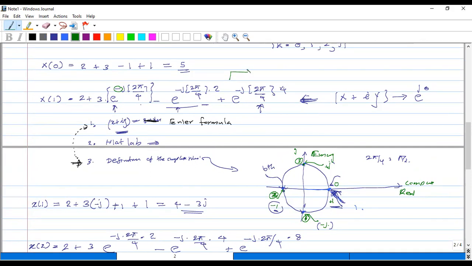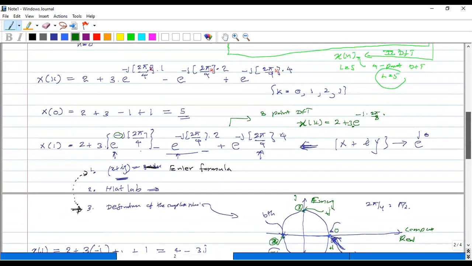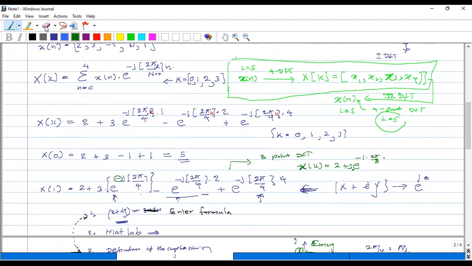So if I find this for the 8-point DFT, you will have X(k) as 2 plus 3 e to the power minus j 2π by 8, this one, okay.